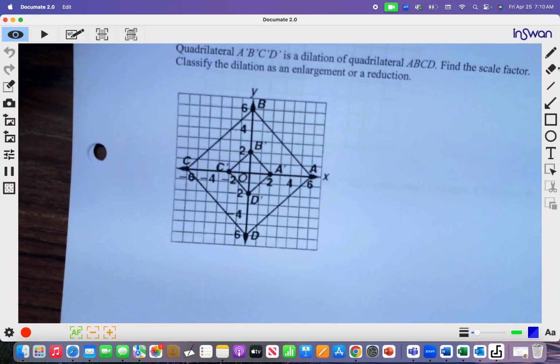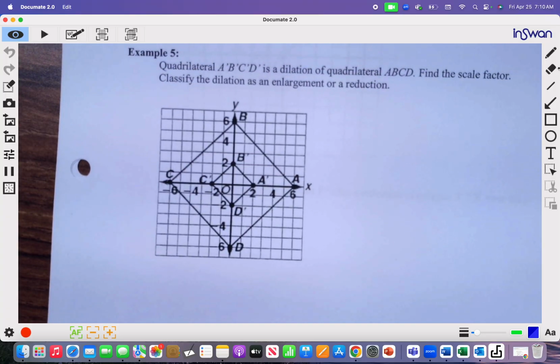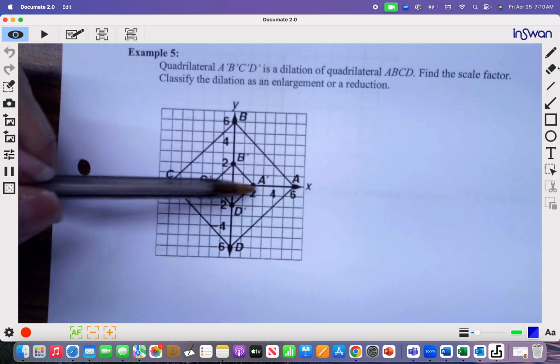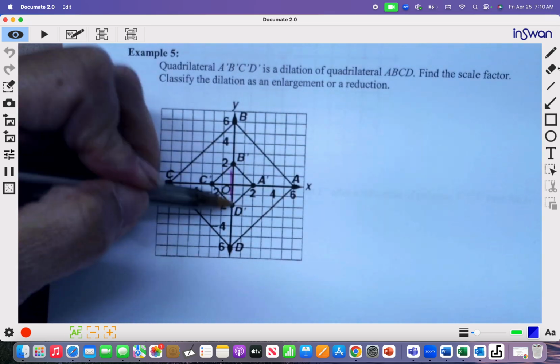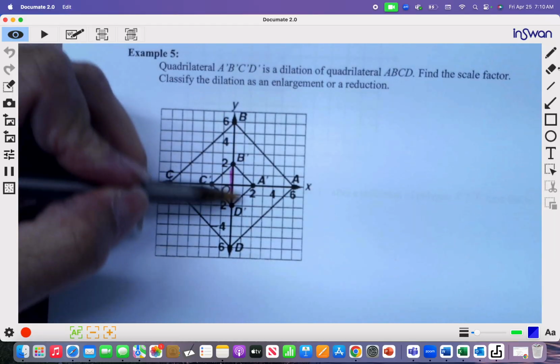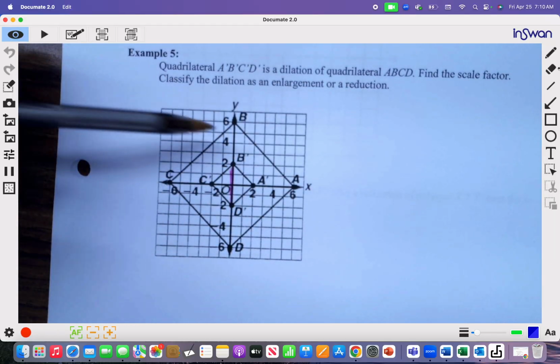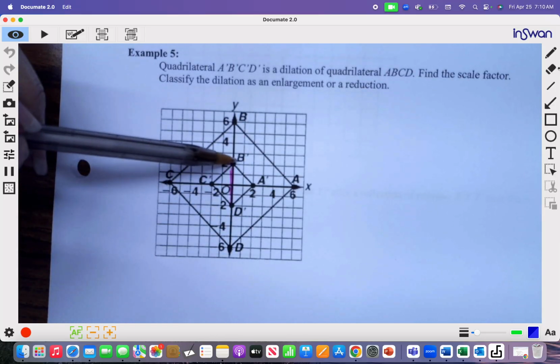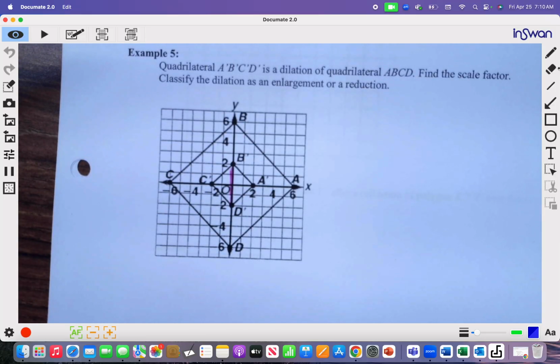If they give you a picture, how do we find the scale factor? We've already done this, but let's do this one just to be clear. On this, all of the side lengths are diagonal. However, I can use this side length and this side length. I have to look to see what's my old and what's my new. The larger one is the original, the smaller one is the new.